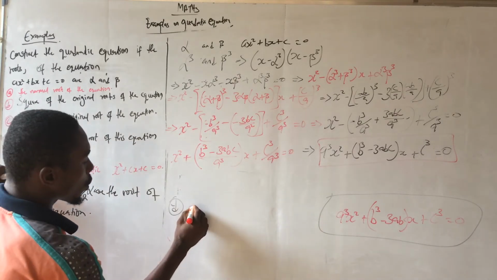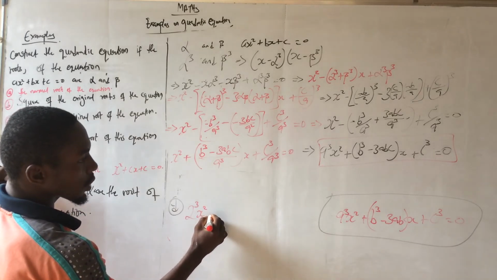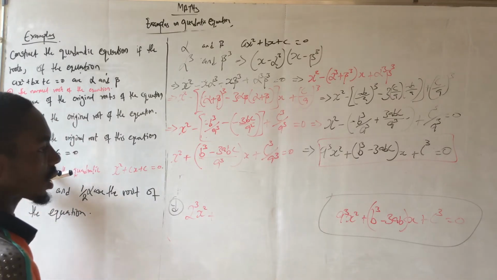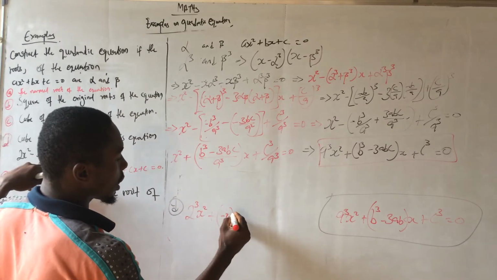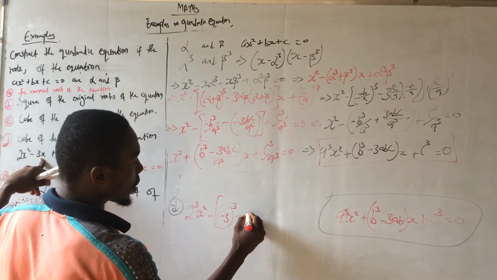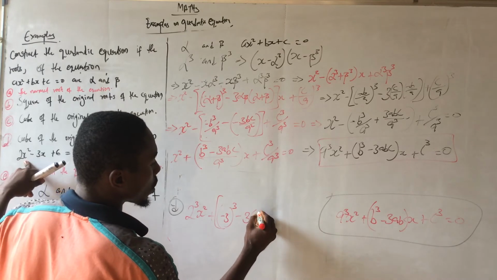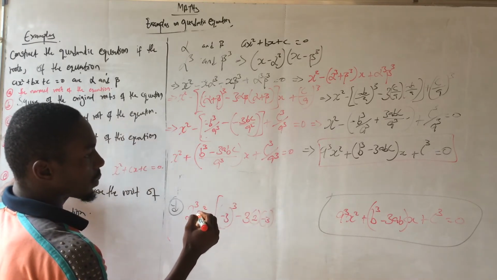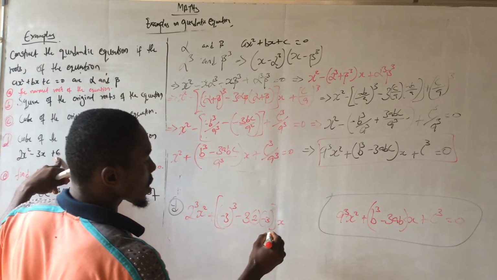So now I have 2 raised to the power 3 x squared plus, my b is minus 3, which is minus 3 raised to the power 3, minus 3ab, 3, my a is 2, my b is minus 3, then all in x, and my c is 6.